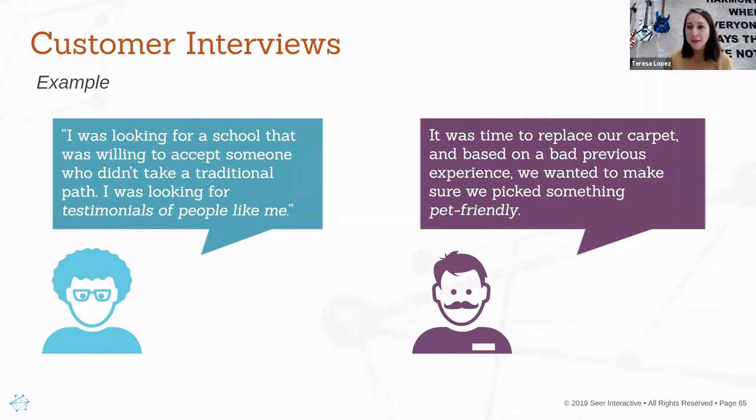The second example is about situations and how those can affect how people search and how they make decisions. "It was time to replace our carpet, and based on a previous bad experience, we wanted to make sure we picked something pet-friendly." By saying pet-friendly, we already know someone's situation. They've had a bad experience in the past, and they want to make sure this is going to be pet-proof.